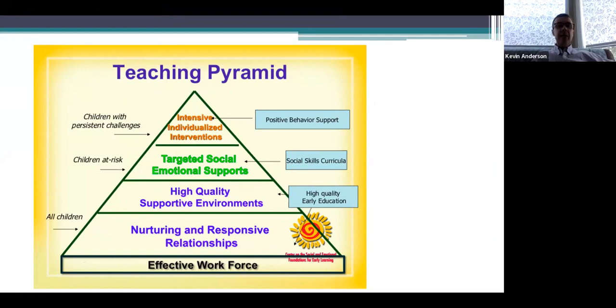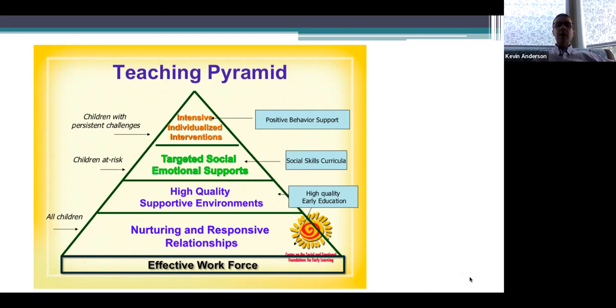I am guessing that many of you have heard about the pyramid model, or another acronym you may be familiar with, PBIS, Positive Behavior Interventions and Supports. This is a framework that many school districts and early childhood programs have adopted as a way of thinking about how we address behavior in our classrooms.